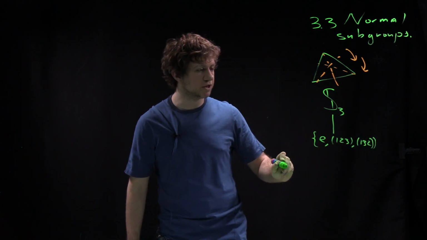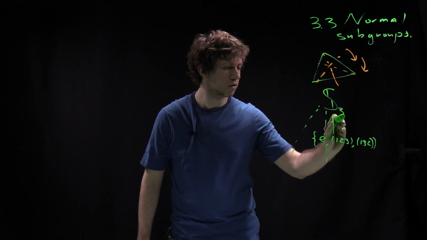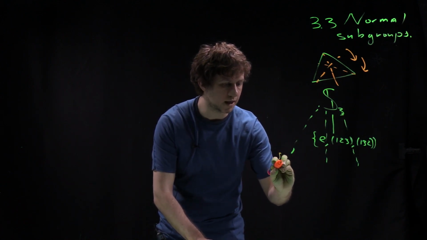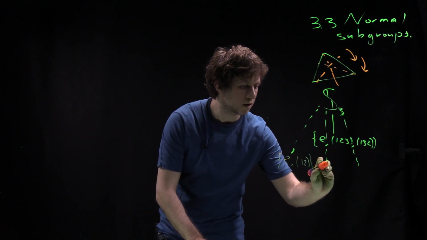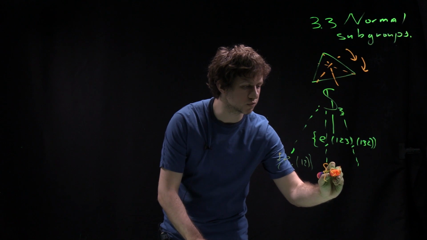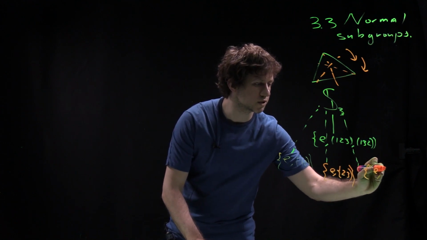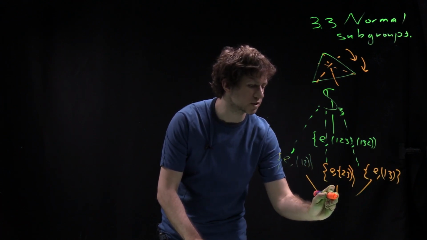Then it has 3 subgroups of order 2: identity and (1 2), identity and (2 3), and identity and (1 3). And finally, they all contain the trivial subgroup.